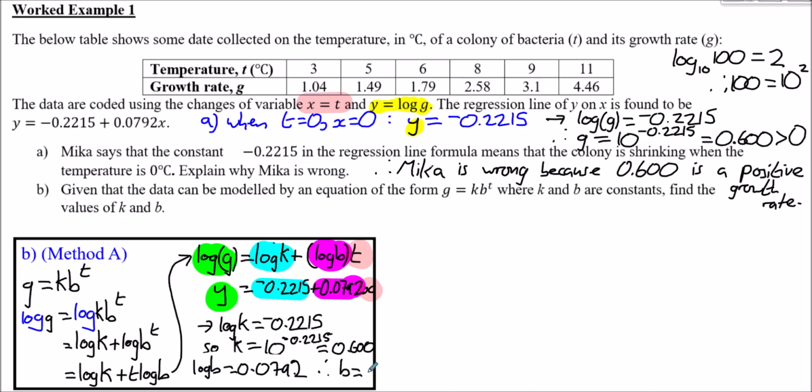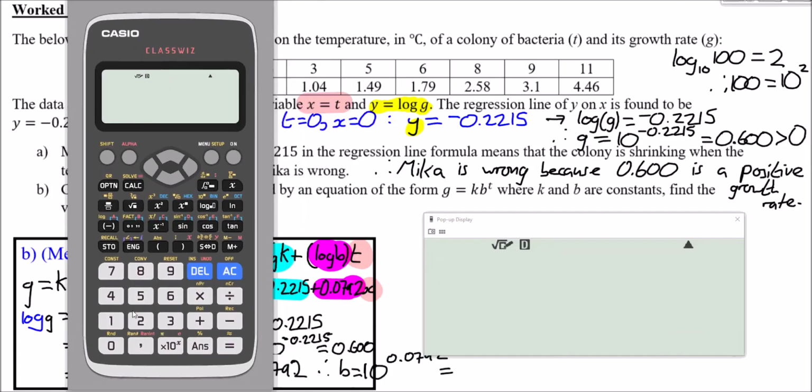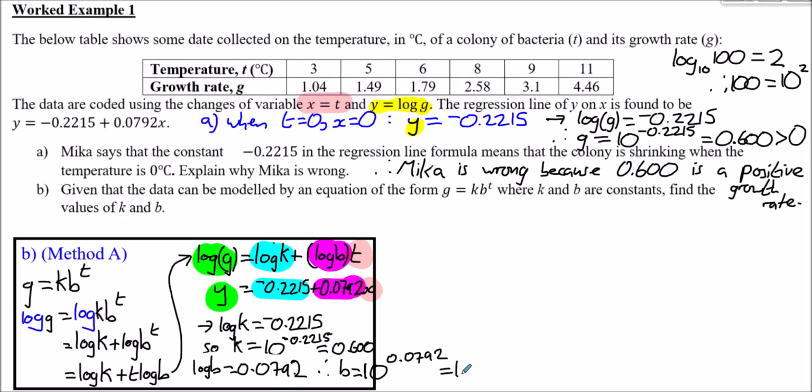So therefore b must be equal to 10 to the power of 0.0792, which again we can calculate. So 10 to the power 0.0792 gives us a value of 1.20.